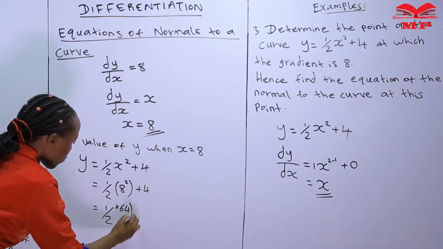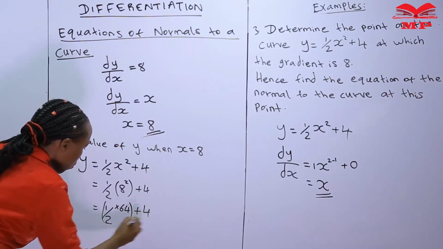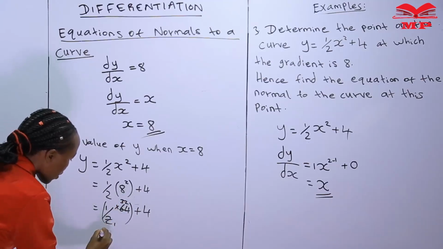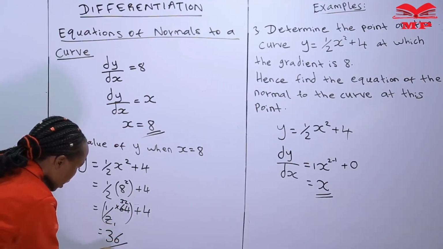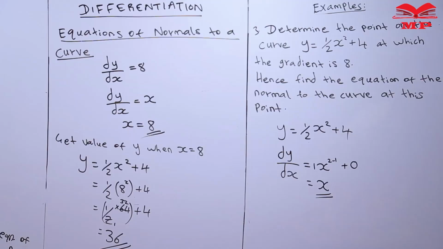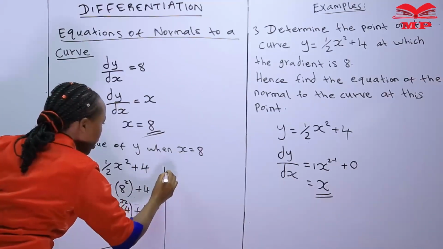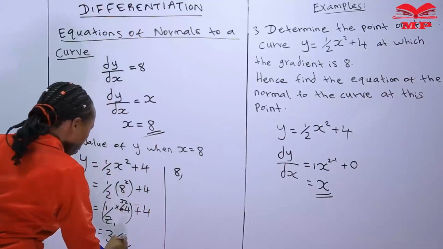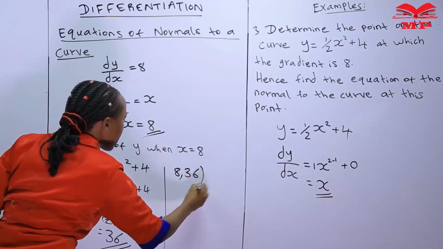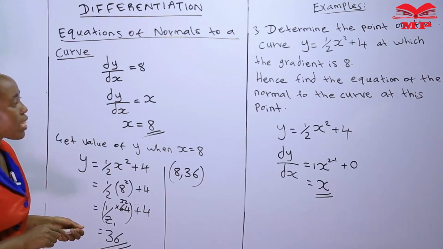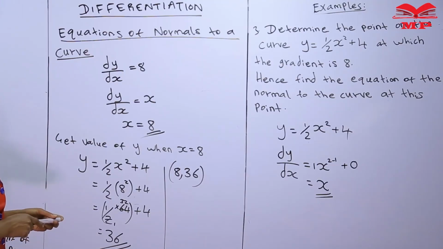We multiply by 64, then we add 4. So half of 64 is 32. 32 plus 4 we have 36. So the y will be 36, and therefore our coordinate will be (8, 36).